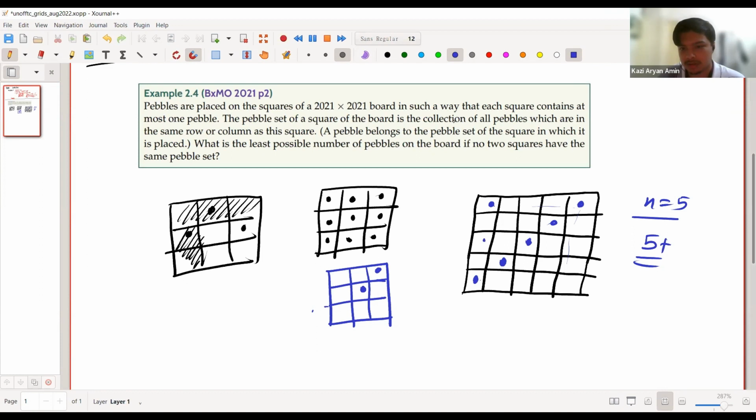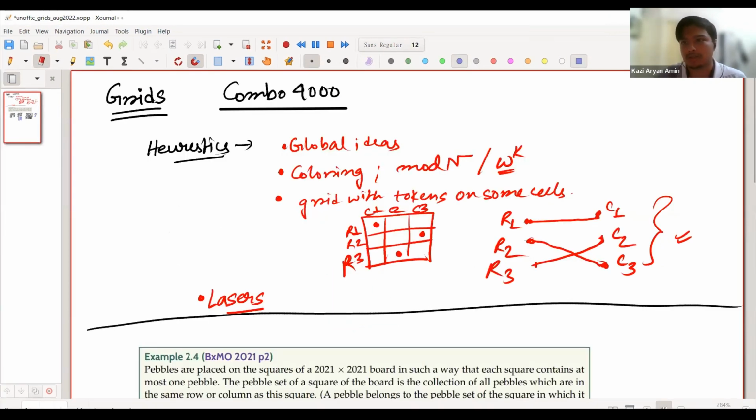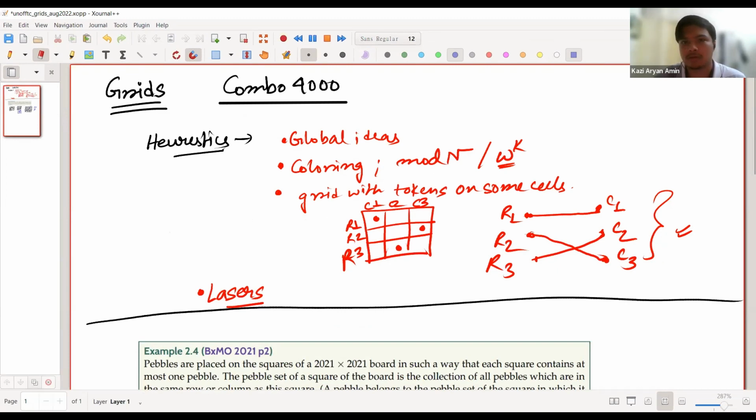Just a second. Yeah, I think, okay. If you don't have this, let's say you have something like, oops, sorry. Consider, I think 2 points along the other diagonal have the same pebble set. Yeah, that is what I was trying to say.